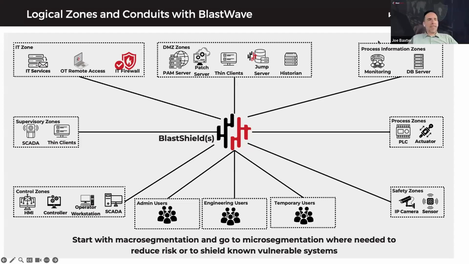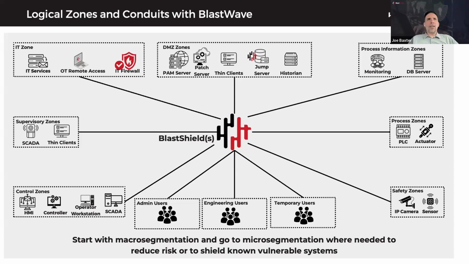Exactly. We have a question that came in along these same lines, and I want to go ahead and address it. It was a question about SL2, the requiring of physical segmentation between the control and the non-control zones. And I think that there certainly is some physical, whether we're talking about locked doors, that kind of thing. But as far as absolute separation of these systems, the way Blast Shield works is zero trust, denied by default.